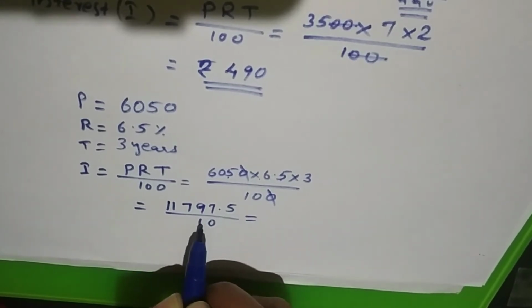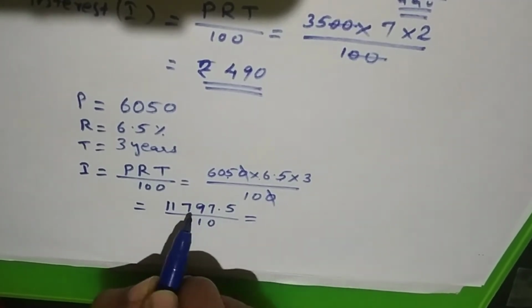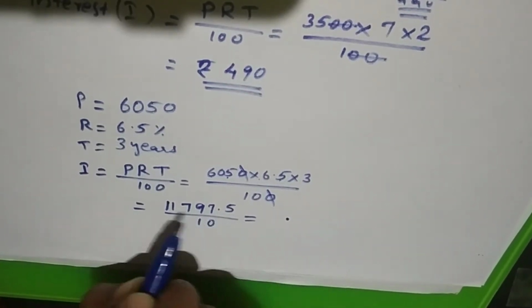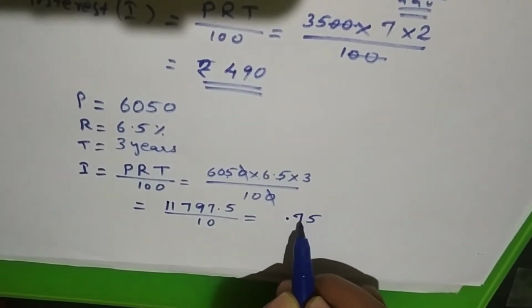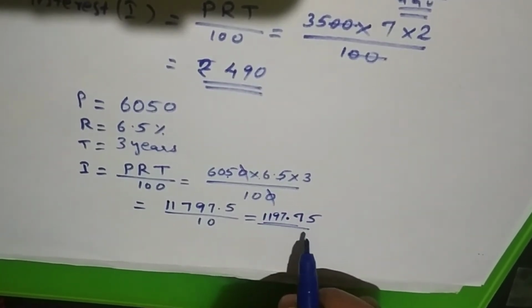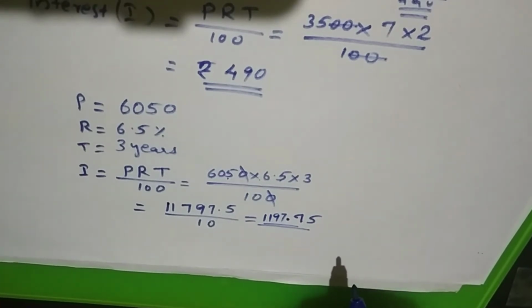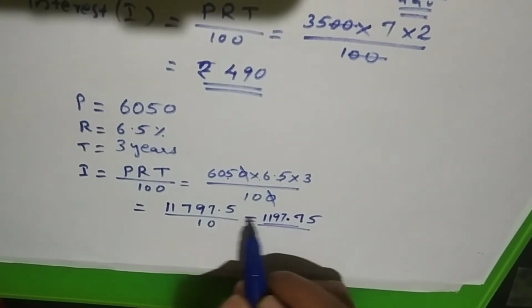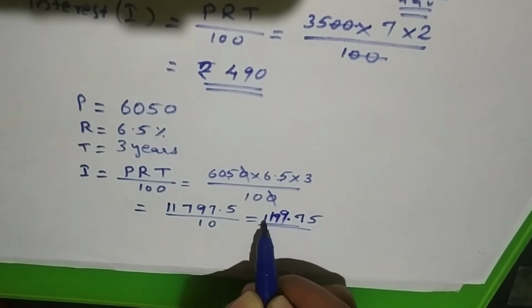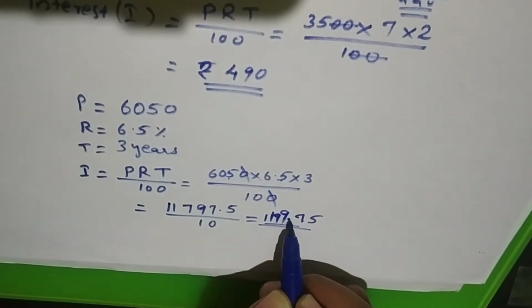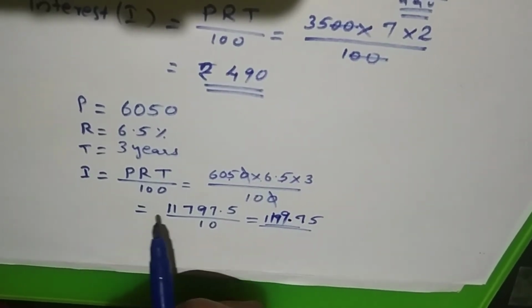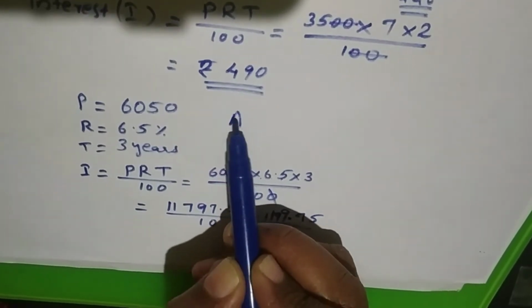We are dividing by 10, so we can keep one decimal. So 1,179.75 is the interest. Then we have to find the amount after 3 years.